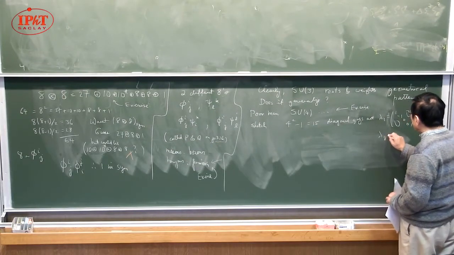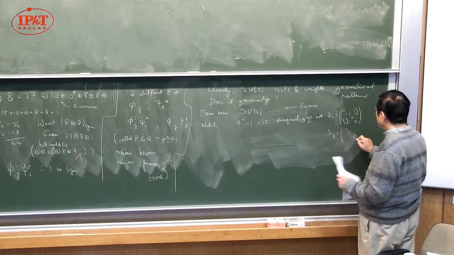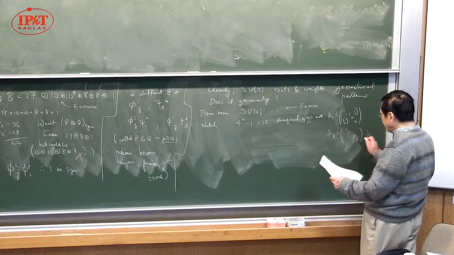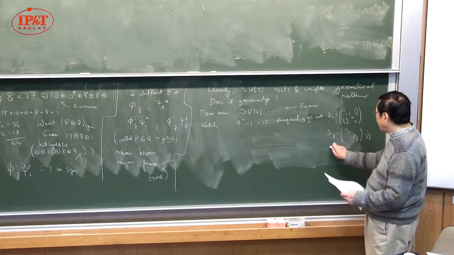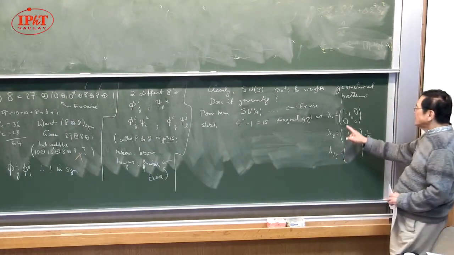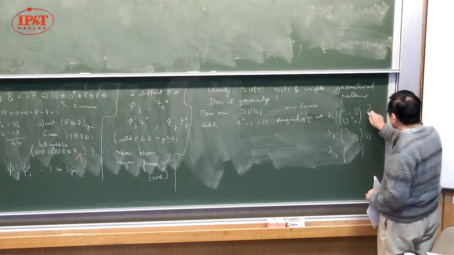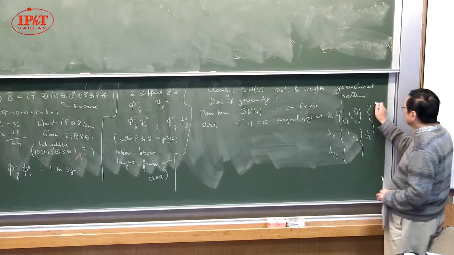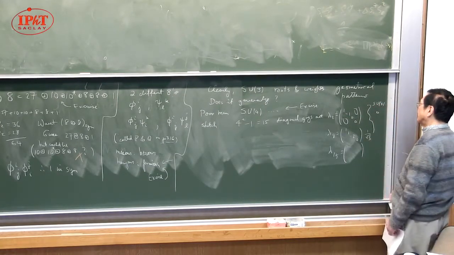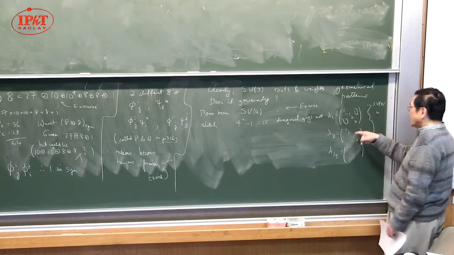Lambda 8 is 1, 1, minus 2, and 0. And there's some normalization, which we don't worry about. And lambda 15, then, this is the new one. So you see these are just the 2 Gell-Mann matrices from SU3, but we just add a 0. So they're trivially extended from SU3.